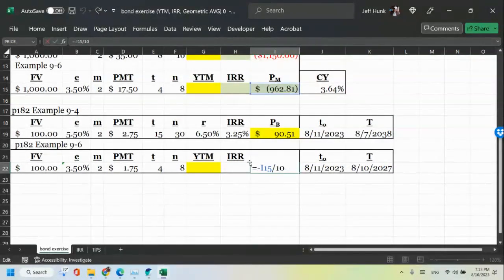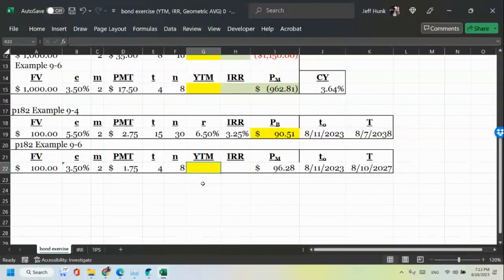So I put a minus sign here. Minus times minus is positive, right? So to turn it back to positive, I put a minus sign there, and I divided it by 10, so that it would be expressed as a percentage of $1,000.